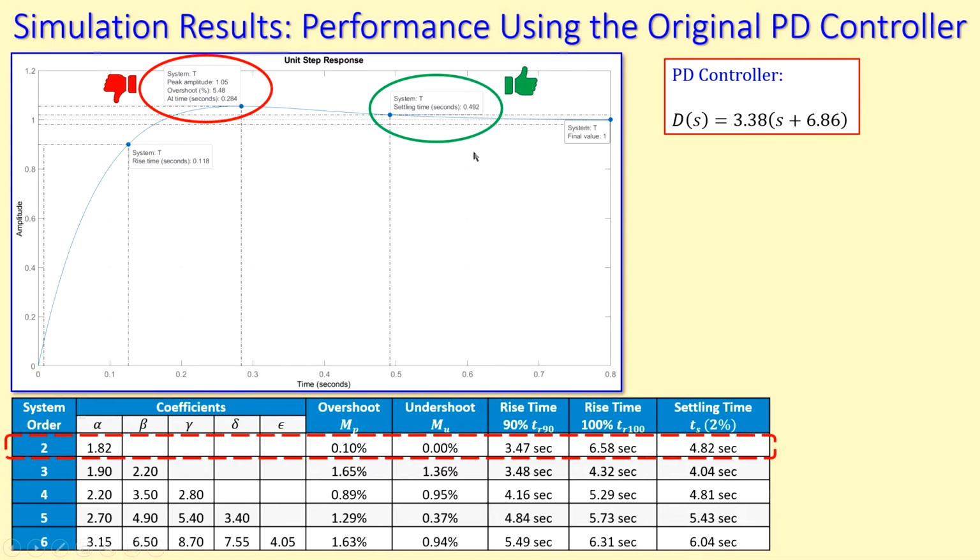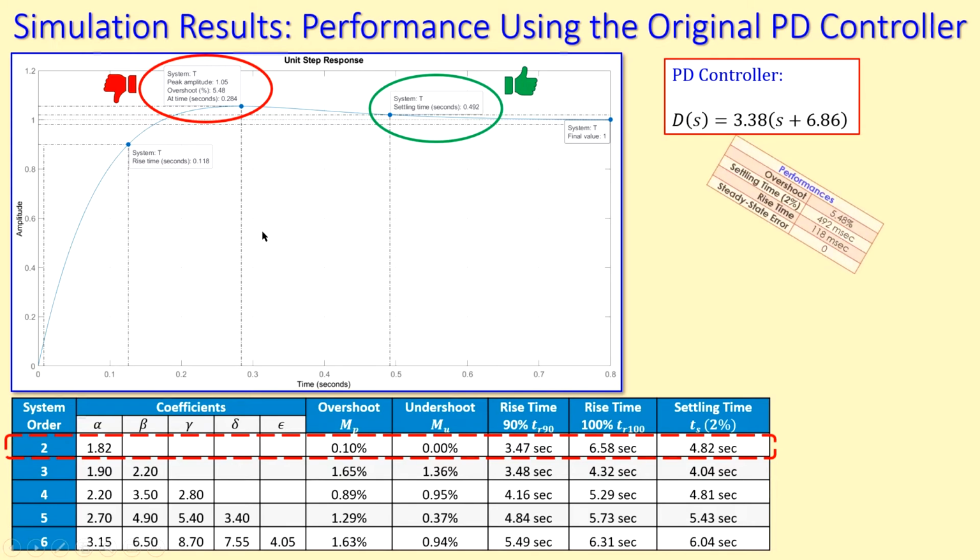So in terms of settling time, this problem is solved and we have met the specifications. But the table for a second order system requires 0.10% at the max for the overshoot. So this must be adjusted. We can now ask how we can improve this response by adjusting the controller.